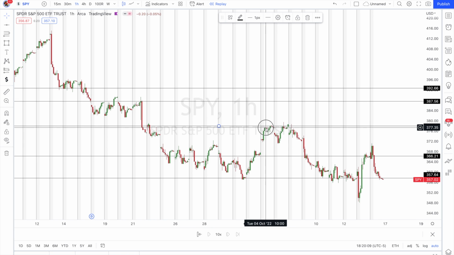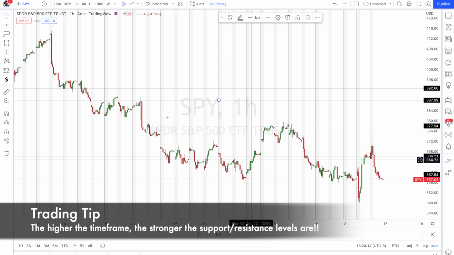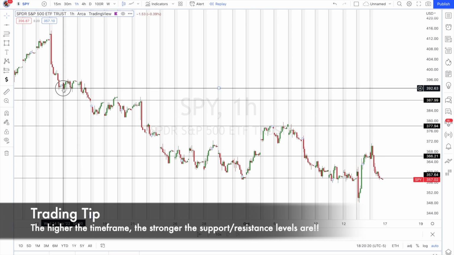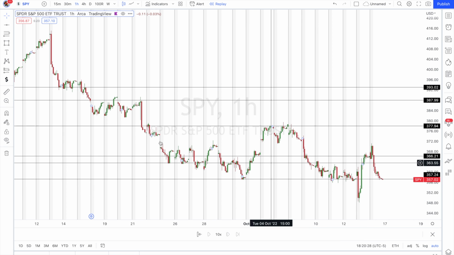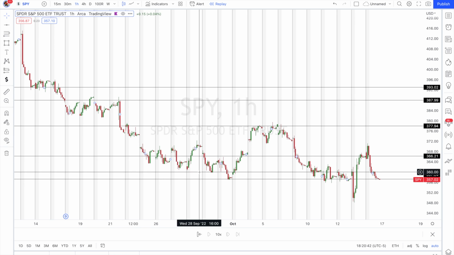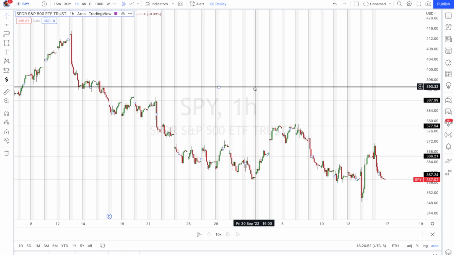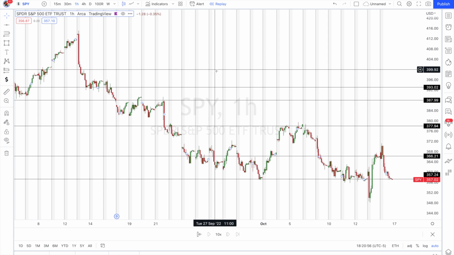Look at all these wicks and candles. Same thing with this one. Look how prices react to these support and resistance levels. Very clean.